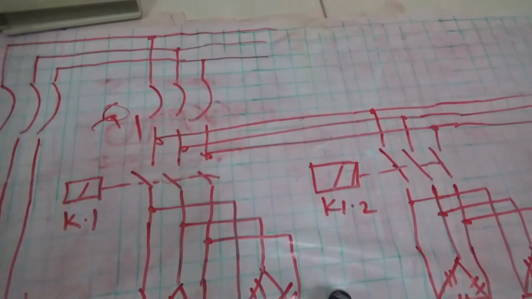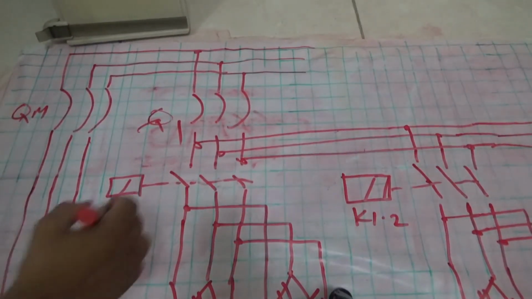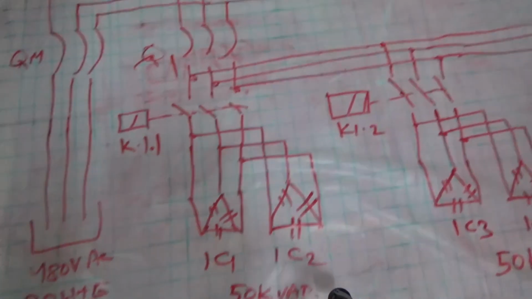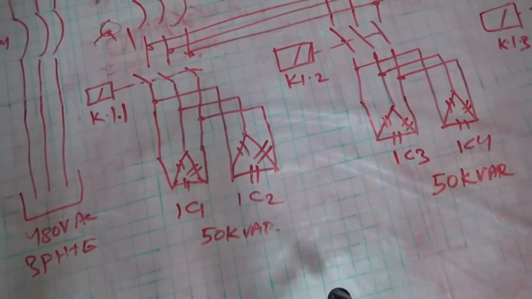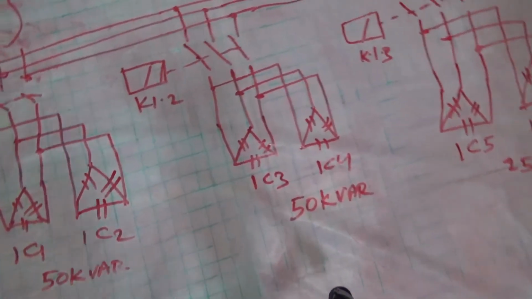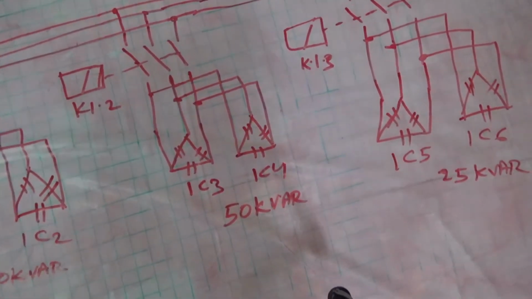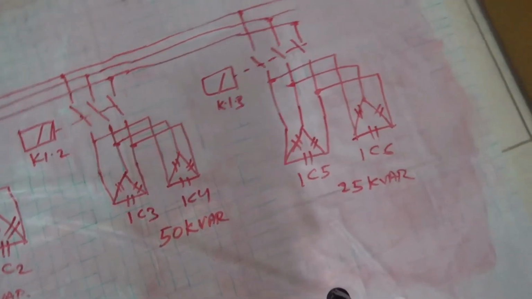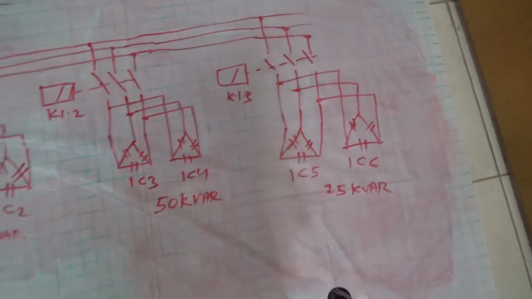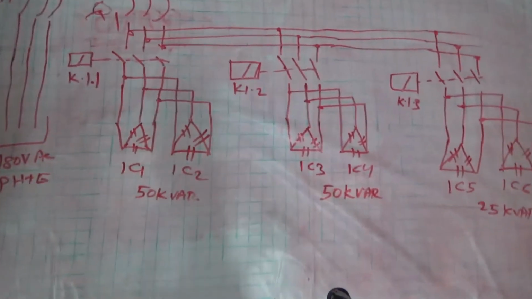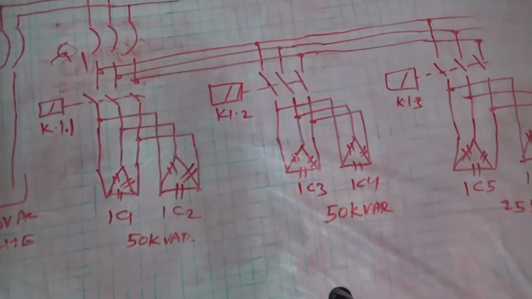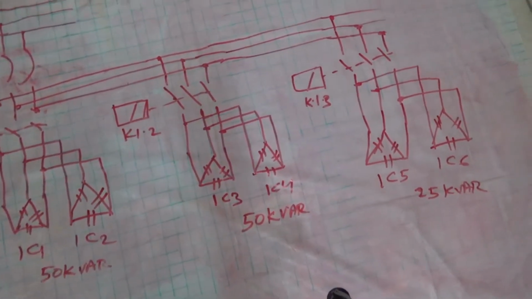The K1.1 is feeding two capacitors. Then the second set, K1.2, is feeding two capacitors of 50 kVAr. The third one, K1.3, feeds into these. So this is the power diagram. In the next topic we will discuss the control diagram. Okay.